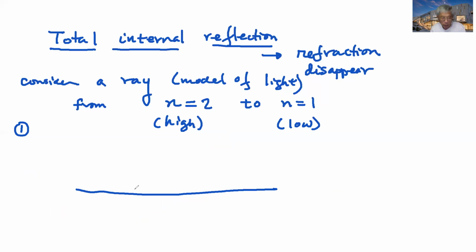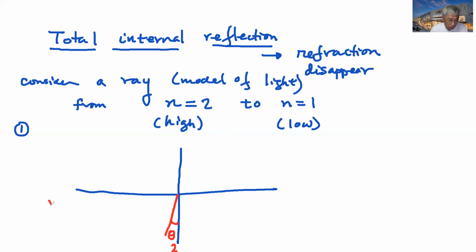Okay, sorry about that. Let's say this is my normal line, and it's coming from this angle here. Make it small, so theta 2.